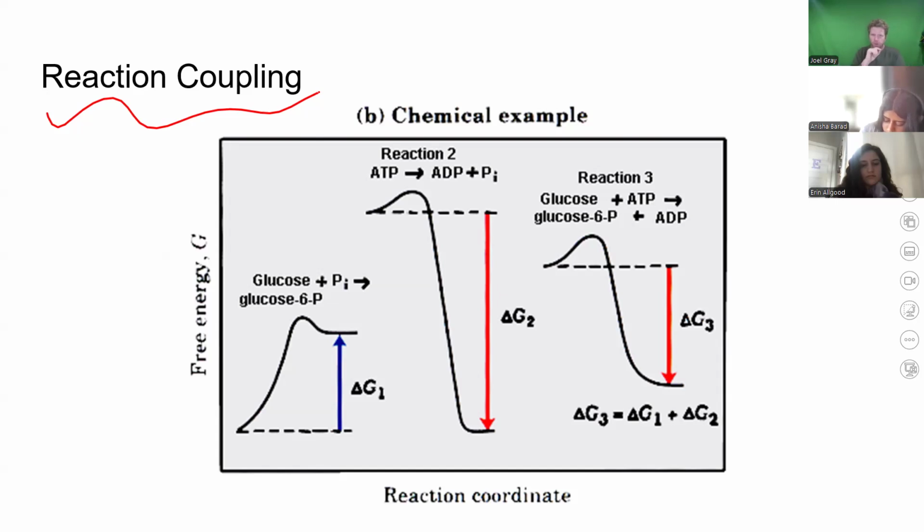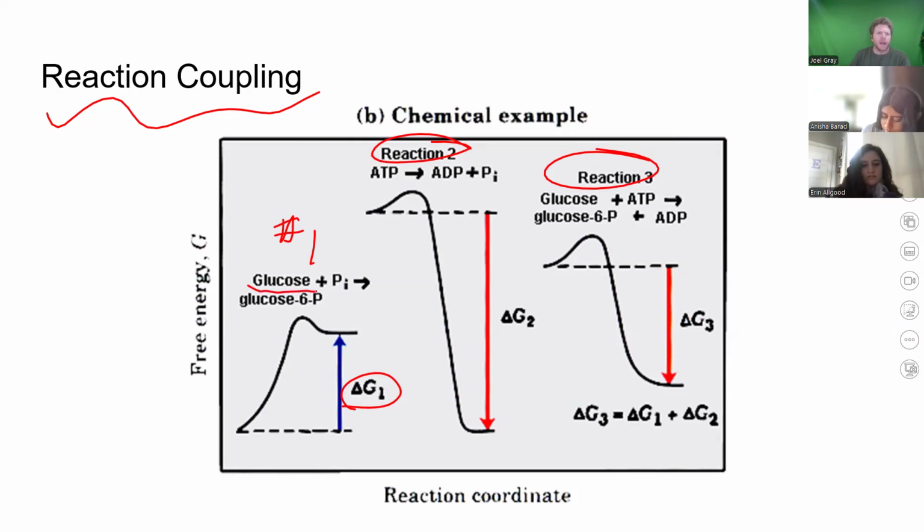What I want you to see right here is we've got a total of 3 different reactions. Reaction number 1. To make sense of this plot, this is our delta G sub 1. This is our free energy change of this reaction. This reaction consists of the sugar glucose.